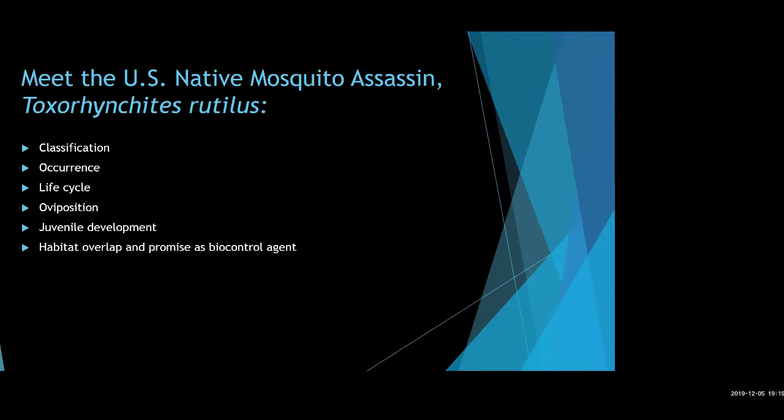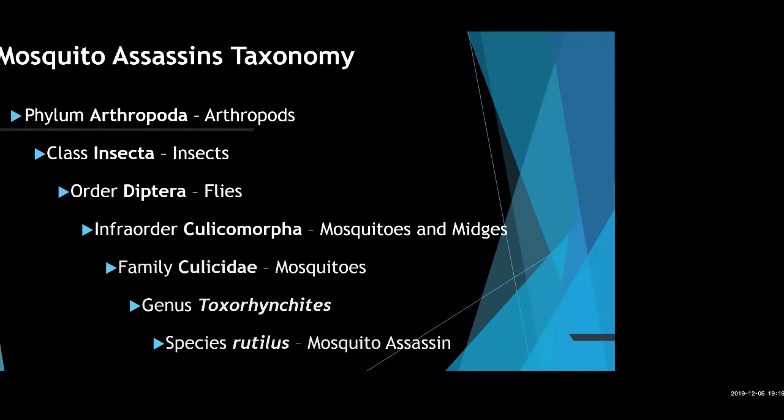We will go over the classification, where it fits within taxonomy and the classification of animals, where you might find it, its life cycle, its odd oviposition behavior that's different from all the other mosquitoes, the juvenile development that's also pretty unique, and then the habitat overlap and why we might be able to use it as a biocontrol agent.